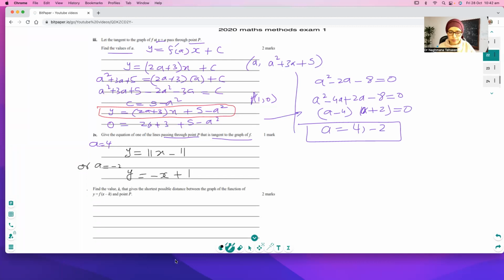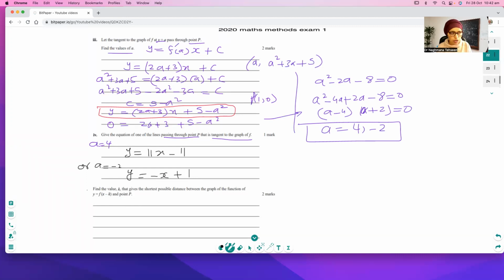Okay, now we have the next question, which says find the value of k that gives the shortest distance between the graph of the function y equal to f of x minus k and the point P. So for this one, what we need to do is find the value of k that gives the shortest distance.